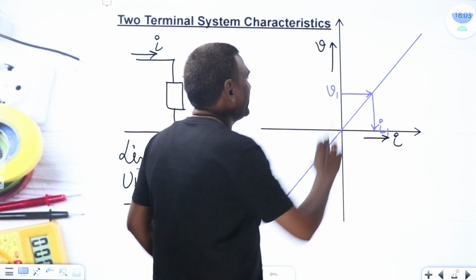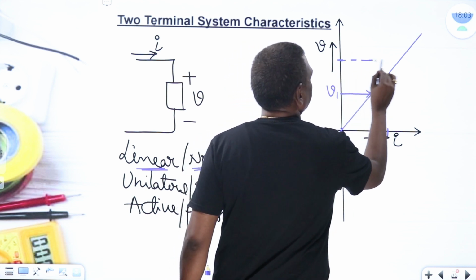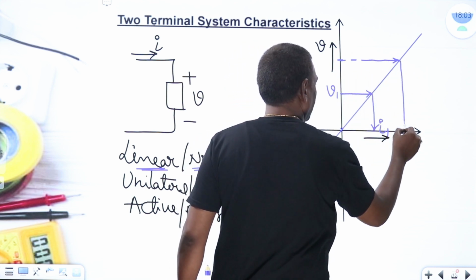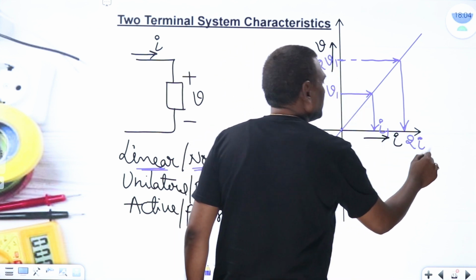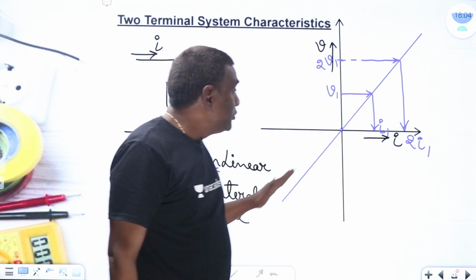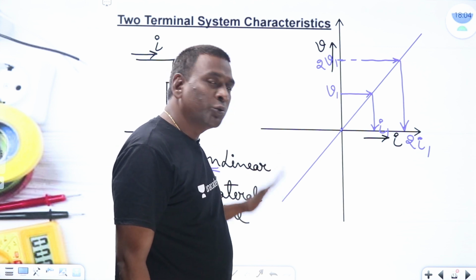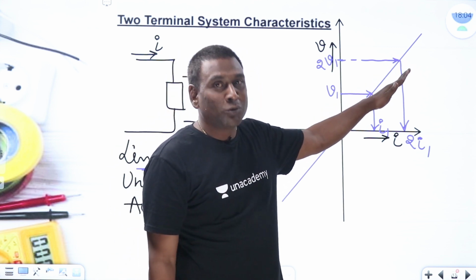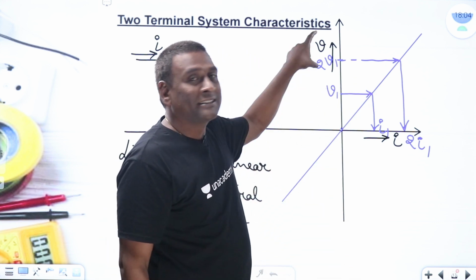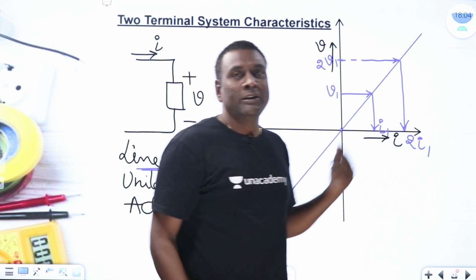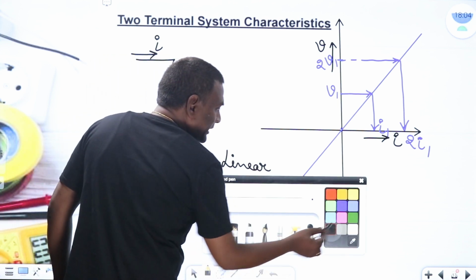Now, if I double the voltage, current also will be doubled or not? Yes, obviously, because it is a continuous straight line going through the origin. The moment the system characteristic shows a continuous straight line going through the origin, obviously if you increase the excitation input by k times, the output also will be increased.